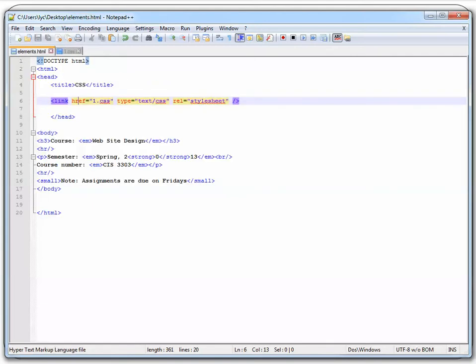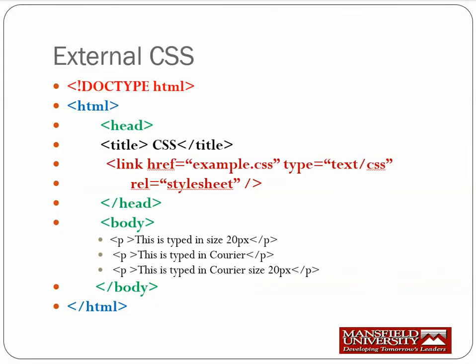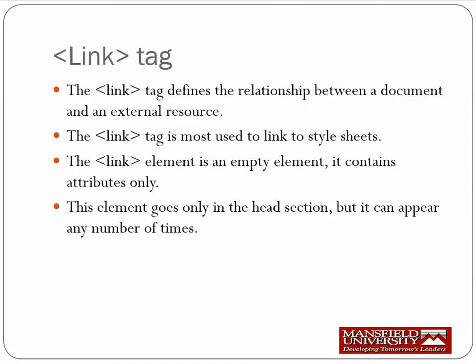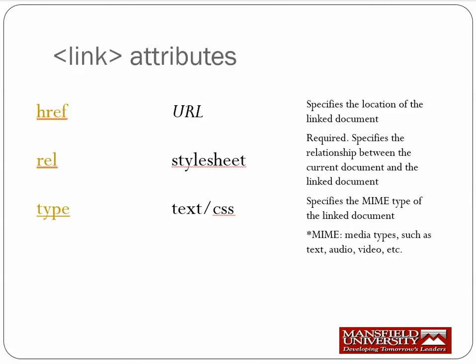So that's the benefit. For the link, we just link the relationship between the HTML and the external resource. So this link should be used in the head section. So href refers to the location. Rel just means this should be style sheet type, just like those attributes for link.